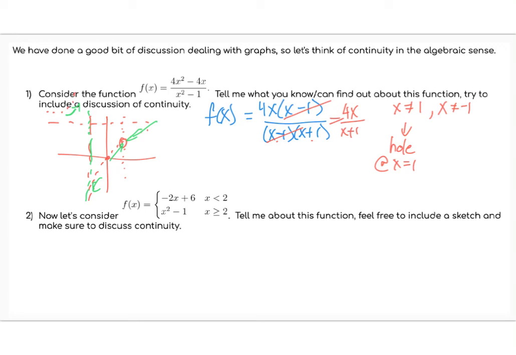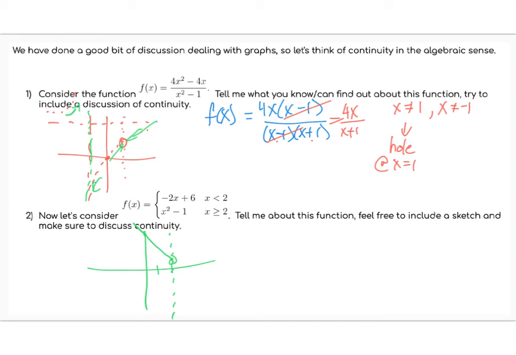Okay, looking at my piecewise function, here I've got x equals 2 as my breaking point, with negative 2x plus 6. It's going to be something like this, and then going down. Beautiful. Nice open circle there. And then x squared minus 1, so we'd be at negative 1, kind of going up.